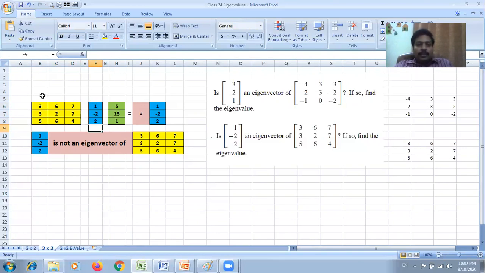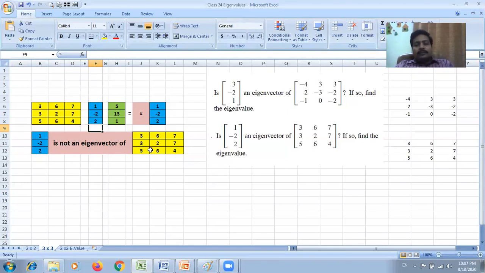This is the multiplication of this matrix and this vector. This is not a multiple of the given vector. You can't find a lambda such that this is equal to lambda times this vector. Let it be B. So AB is not equal to lambda B. So there is no such lambda. So this vector is not an eigenvector of the given matrix.